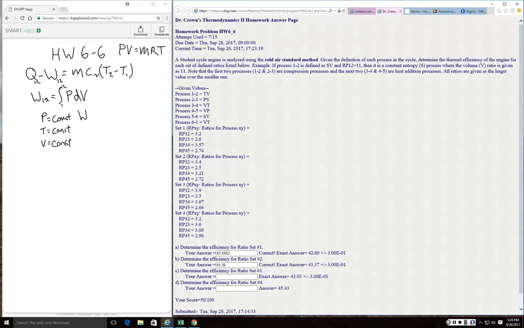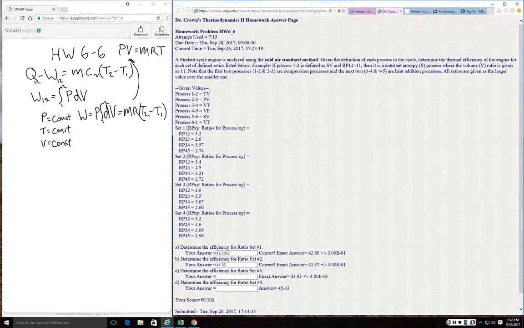So I have P integral dV, which gives me, from 1 to 2, P2 V2 minus P1 V1. And if I note up here that PV equals MRT, I'm going to simplify this and replace PV with MR T2, and since T1 is also multiplied by MR, T2 minus T1. So it's MRT2 minus MRT1.